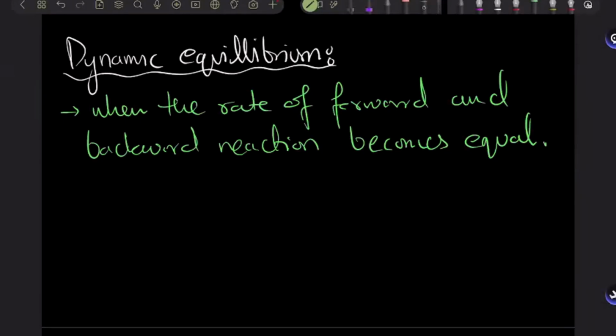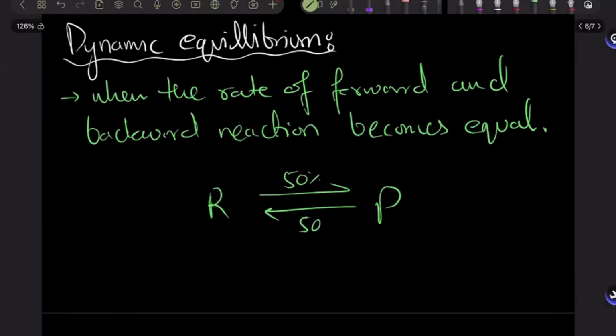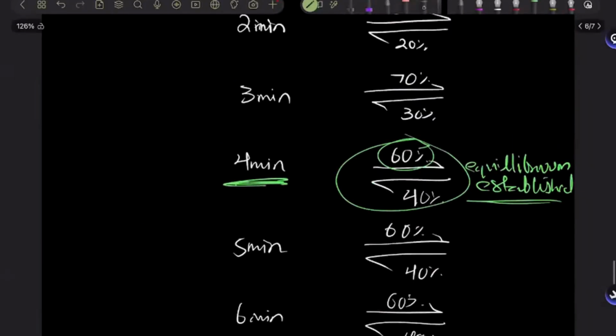All right. So what are the conditions for dynamic equilibrium? The rate of forward reaction would be 50%, and the backward reaction would also be 50%. Now the rates are the same, right? This is when you call it dynamic equilibrium. The other splits, or the other ways that equilibrium can get constant, are known just as equilibrium.